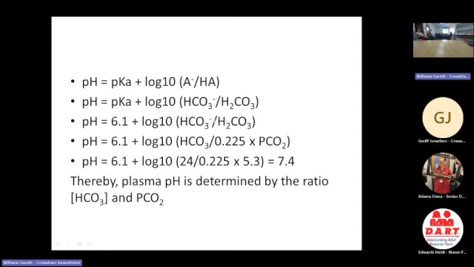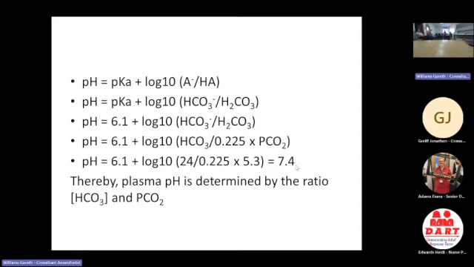So you can replace that with CO2 times its solubility coefficient, which is 0.225 in kilopascals. Plug in your normal bicarb, 24, your normal CO2 of 5.3, lo and behold, you get 7.4, so a normal pH. So in normal circumstances the carbonic acid system, given its pKa of 6.1, with a normal bicarbonate and CO2, gives us a pH of 7.4.